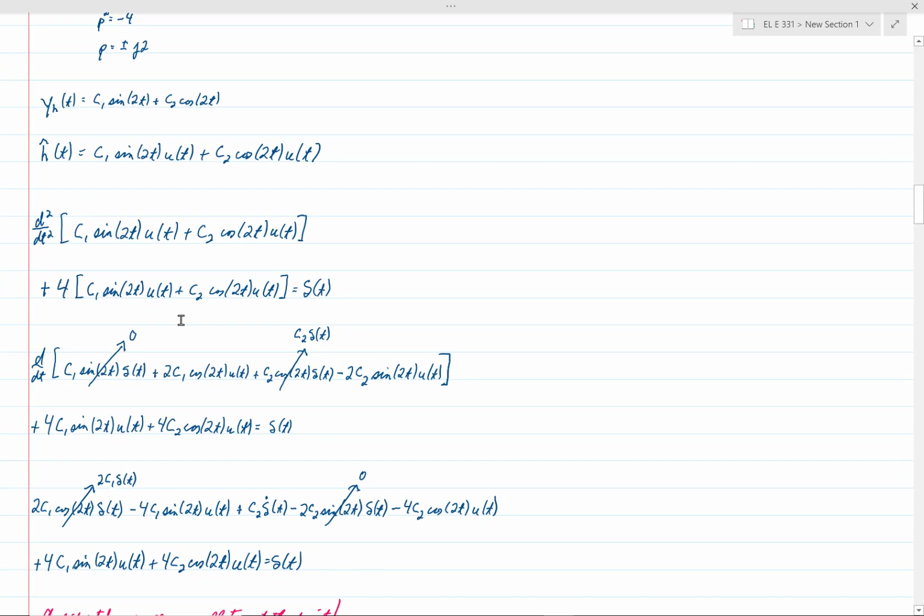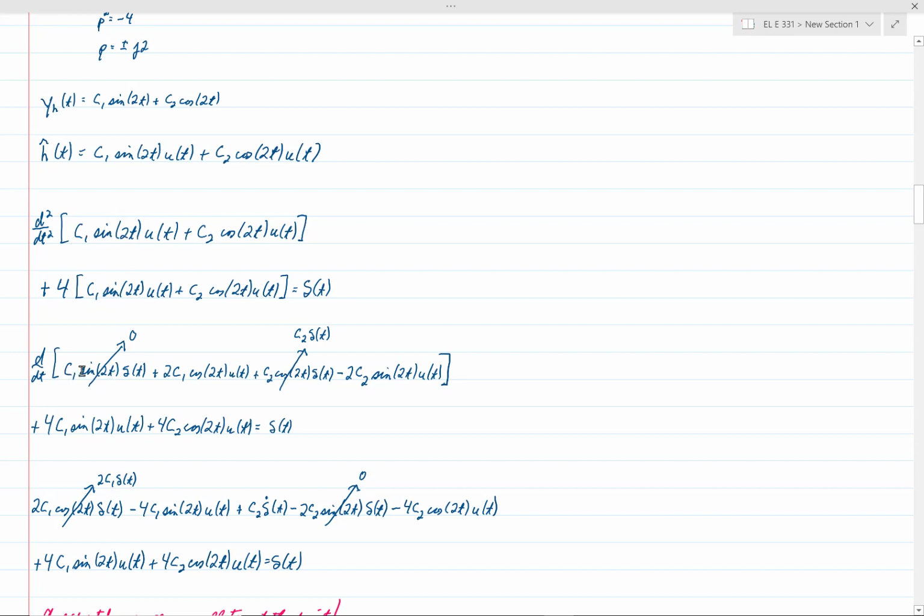Now, I want to be careful and look at this step by step. I'm going to write this second derivative as the derivative of the first derivative. So I'm going to keep one derivative outside, and I'm going to go ahead and take the first derivative of what's left in here. Each one of these is a product, so we're going to have to do this carefully.